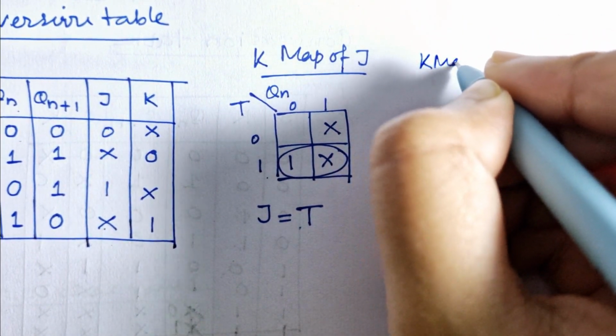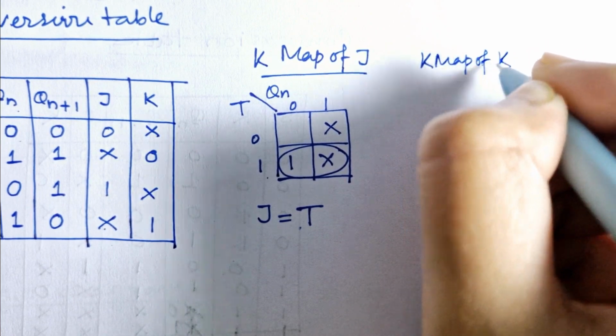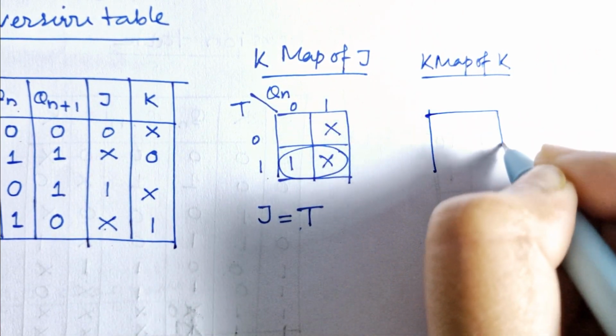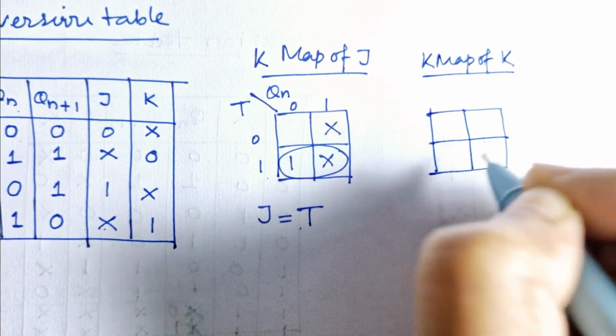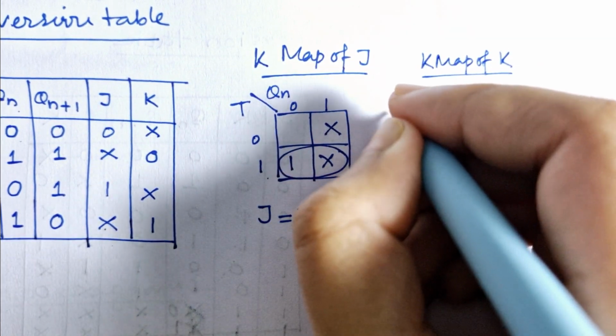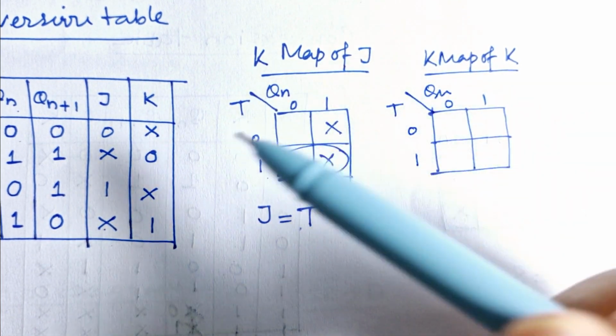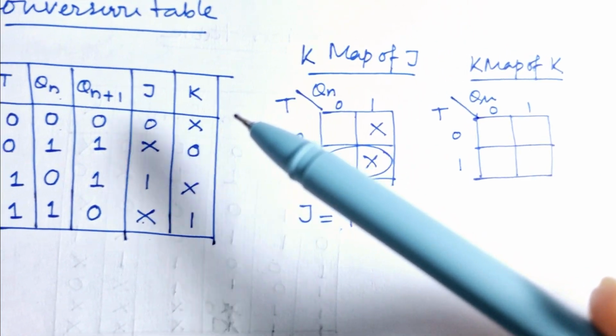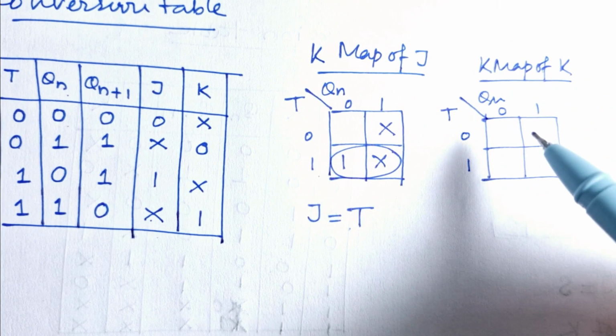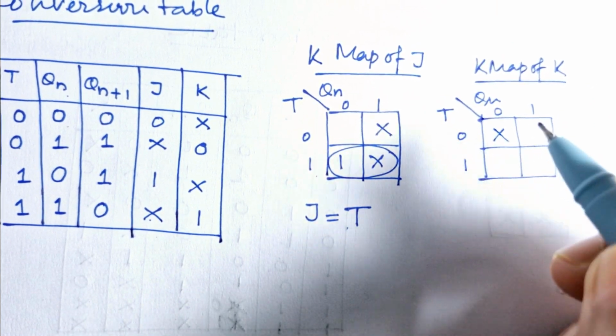Next we have to draw the K-map of K. T and Qn 0 1, 0 1. So here K has a don't care for T0 and Qn0, and for T0 and Qn1 a don't care.